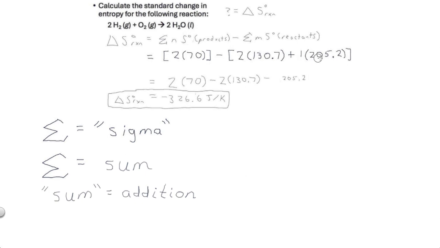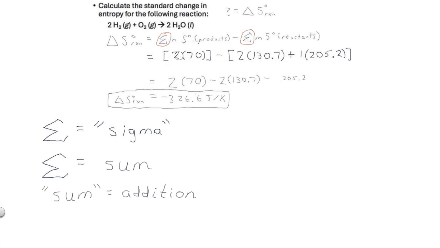The mathematics for using this formula might make more sense to you if you write down a step that looks like this, using brackets. This symbol is referred to as the sigma symbol. The sigma symbol means sum, and the word sum means addition. So this sigma symbol tells you to add all the terms for the products.